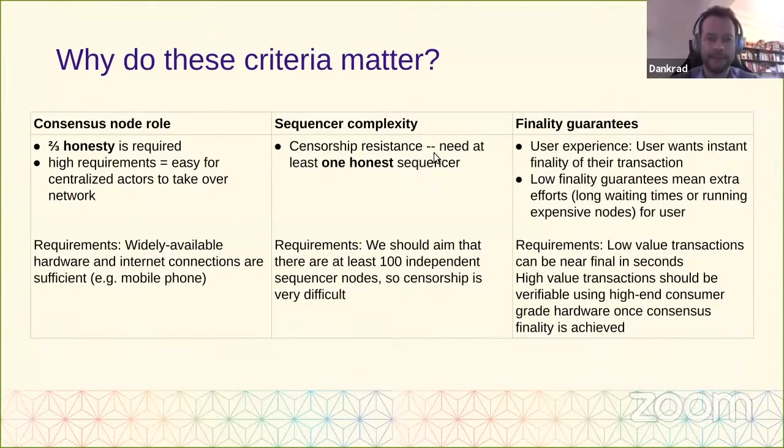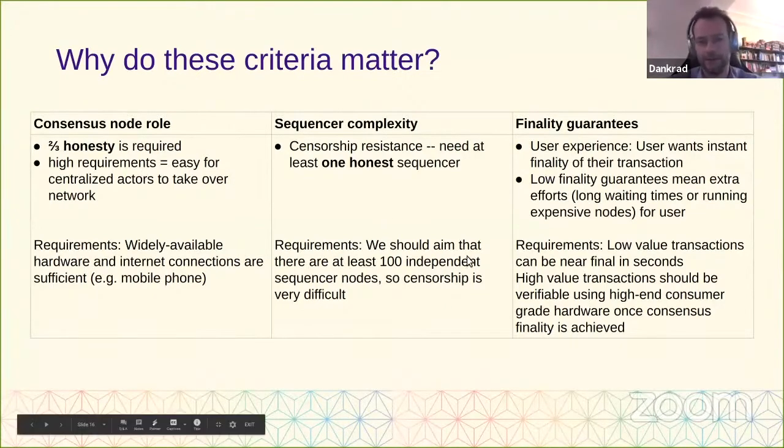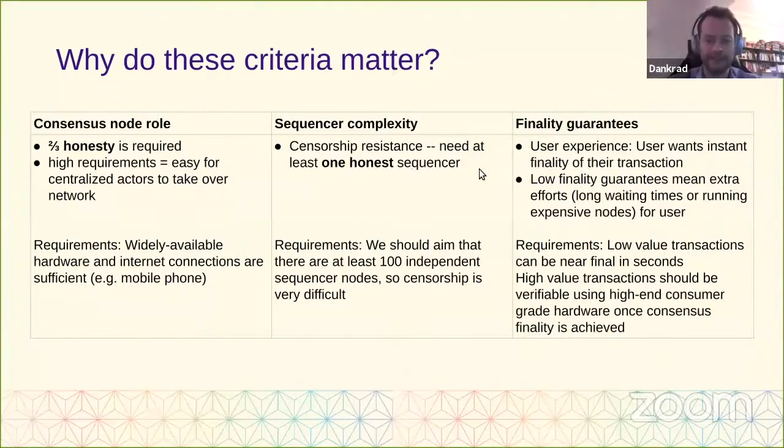Now the sequencer complexity is also relevant for censorship resistance, because obviously if you can overtake all the sequencers, then you can still censor transactions. But it's a bit different, because in this case we only need one single honest sequencer to maintain the censorship resistance. As long as there's one, you can give your transaction that someone's trying to censor to them, and you can still get it included.